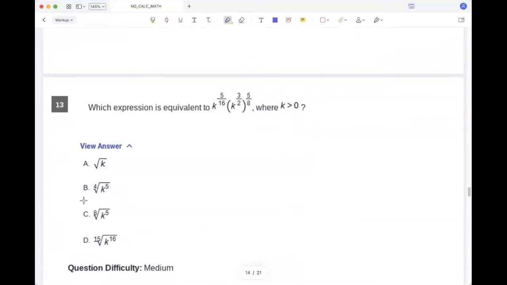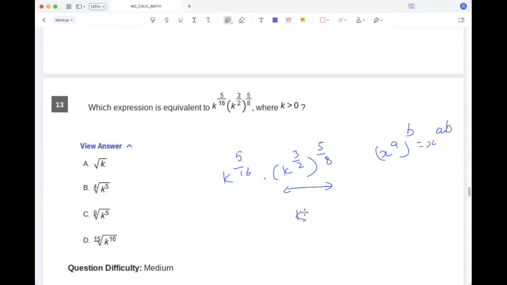Which expression is equivalent to k to the power 5 by 16 times (k to the power 3 by 2) whole to the power 5 by 8? So x to the power a whole to the power b is x to the power ab. So this will become k to the power 15 by 16.